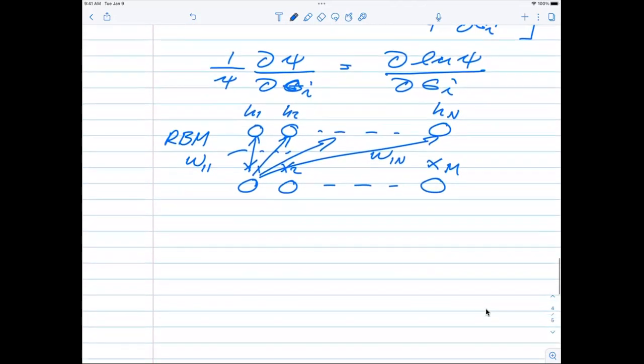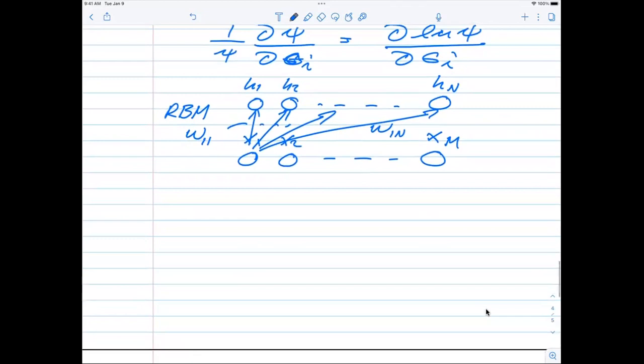And the way we are going to deal with these types of parameterizations for this energy function in the probability distribution, p of x and theta, is that this is going to be given by some p tilde of x and theta divided by z of theta.